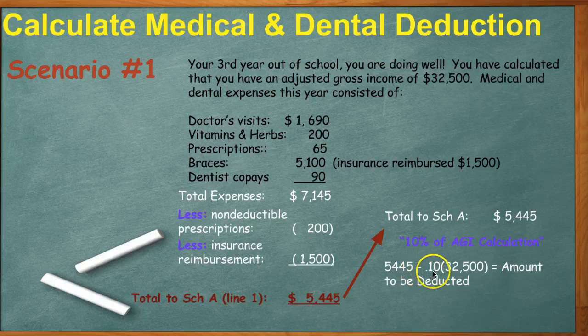So we would subtract 10%, or 0.10, times our AGI to get the amount that we can actually deduct on our itemized deduction worksheet. And that comes to $2,195. This is a very difficult deduction for people to take because of that 10% threshold.